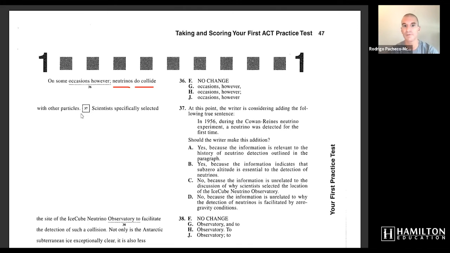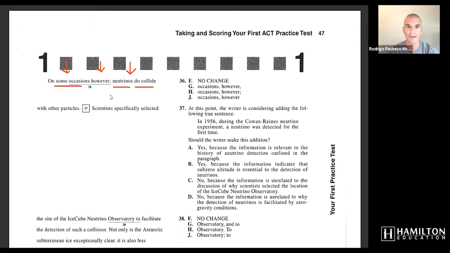So if we were to simplify this sentence, this is what we would be left with, just the independent clause. And we have however, and we know that however is an interjection that has to go in between commas. And on some occasions is an introductory phrase. Okay, so we have a phrase, then we have an interjection, and then we get to our main clause.